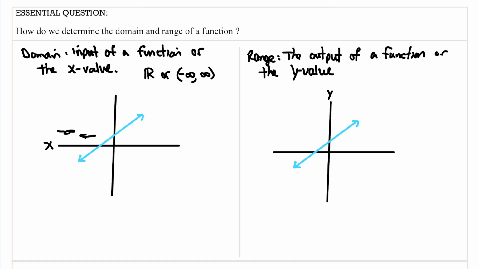And if we look to the right, as we go to the right on the x-axis, we can plug in increasingly greater numbers till we get to infinity. And no matter what we plug in, we're going to get values on our line. So the domain for this function, a linear function, would be negative infinity to positive infinity.